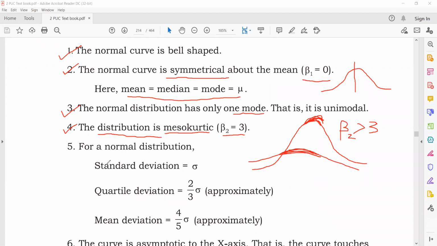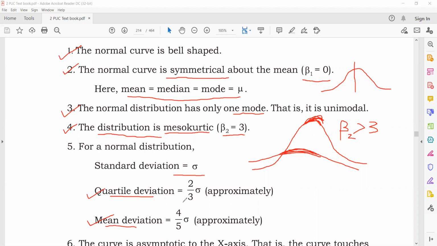skewness, etc. So as said earlier, standard deviation is given by sigma, and we had talked about two more measures of dispersion called average deviation or mean deviation, then quartile deviation based on quartiles Q1, Q2, Q3. Quartile deviation is basically defined as Q3 minus Q1 divided by 2 for any distribution.